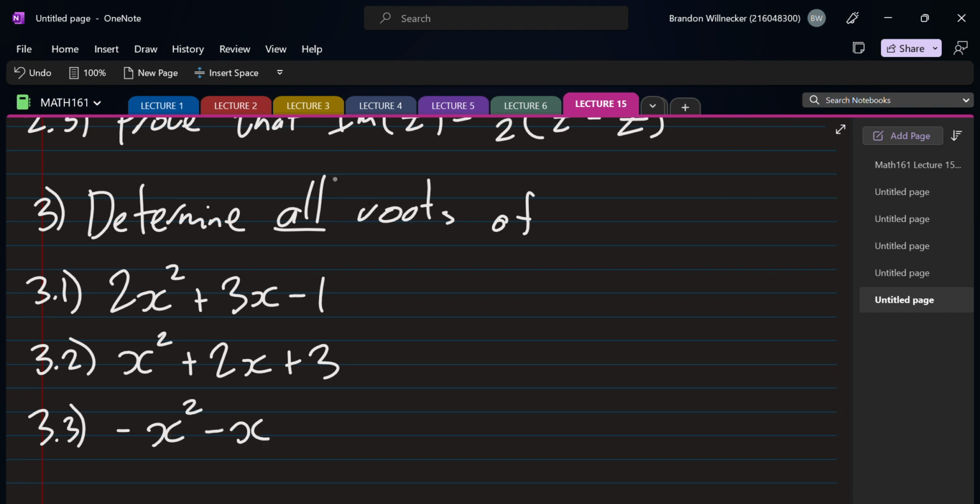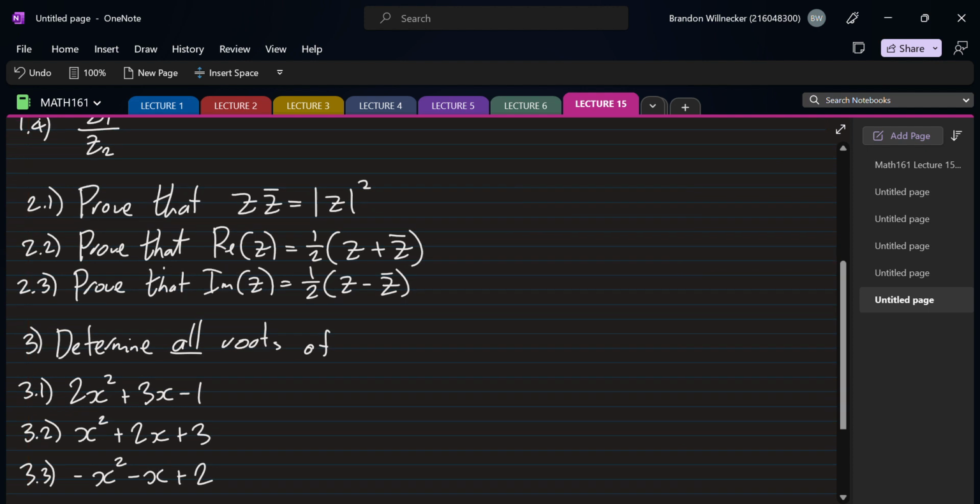And 3.3, minus x squared minus x plus 2. So just these three parts for homework.